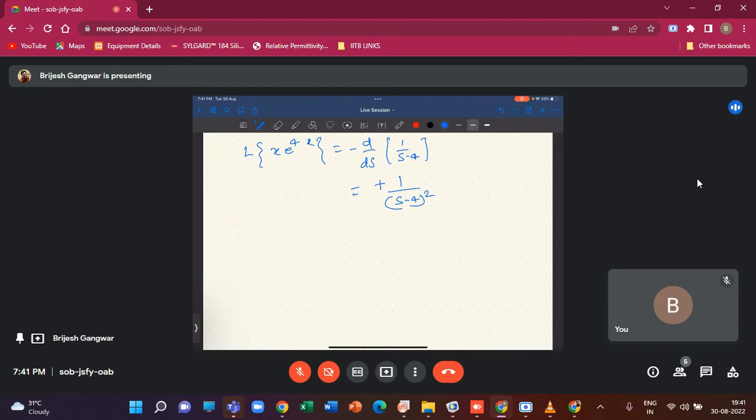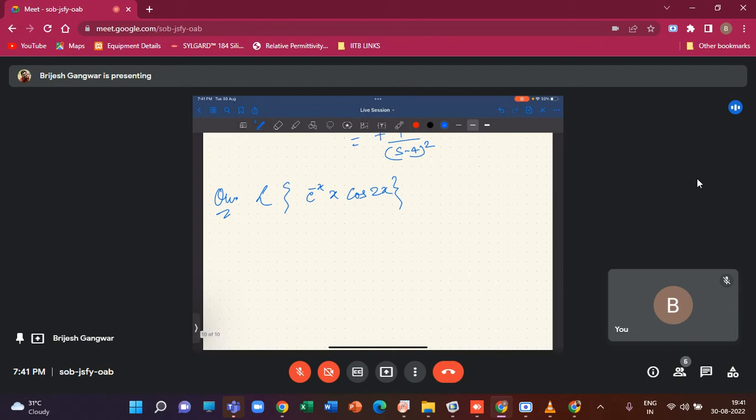These types of questions we have to repeat. Next question, let's say we have to find Laplace of e to the power minus x, x cos 2x.